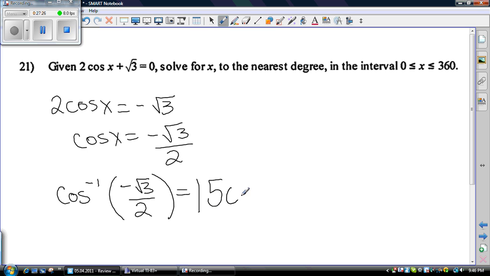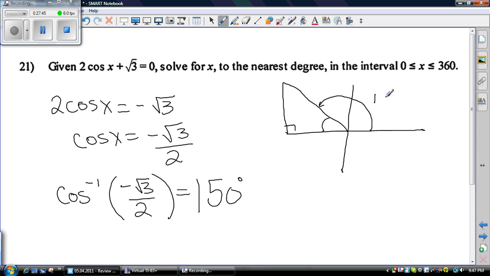So what does that tell us? Well, cosine ended up being a negative amount, and there's two possible locations for that. Cosine is negative in the second quadrant and in the third quadrant. When we punched it into our calculator, 150 degrees gets me one possible value, but that also leaves me a reference angle of 30 degrees in this triangle. So using this triangle and flipping it into the other quadrant where cosine is negative, right here, what's the other angle?